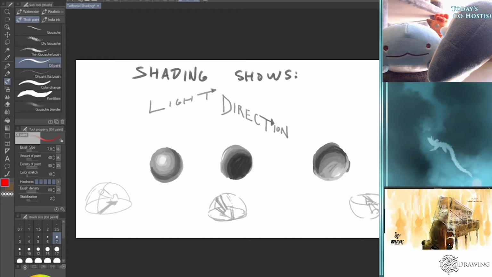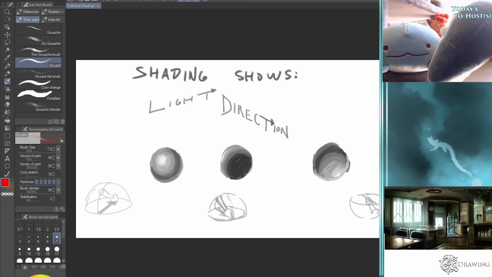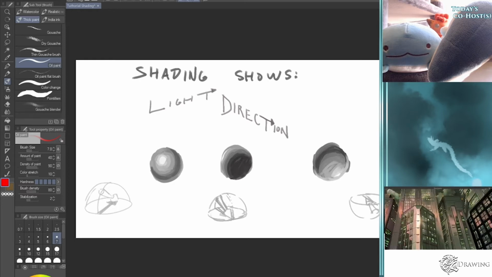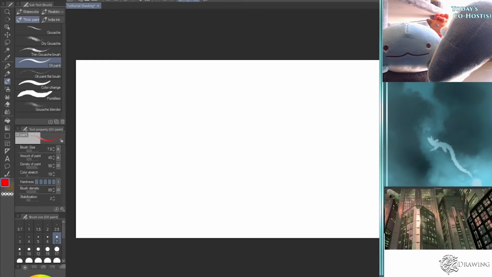When you do your shading, maybe you're not thinking about where the light is coming from, but oh my god, you really should be. If you don't think about where the light is coming from, then your shading will be inconsistent, and that doesn't convey the effects of light. There's a wonderful exercise.